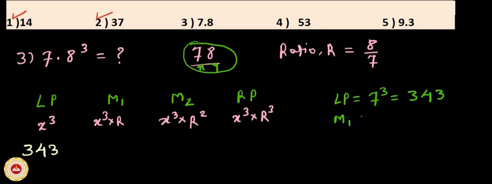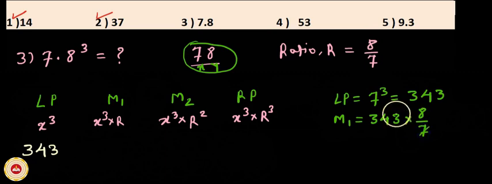What is middle part 1? Middle part 1 is x cube multiplied by ratio r. What is x cube? 343 multiplied by ratio r, which is 8 upon 7.